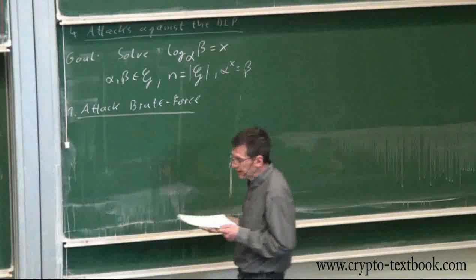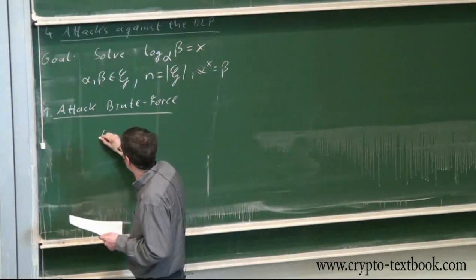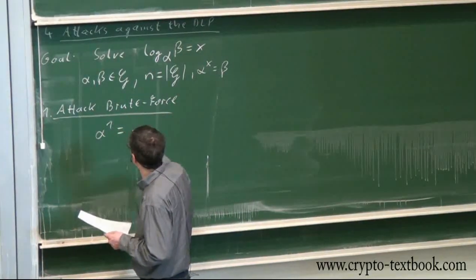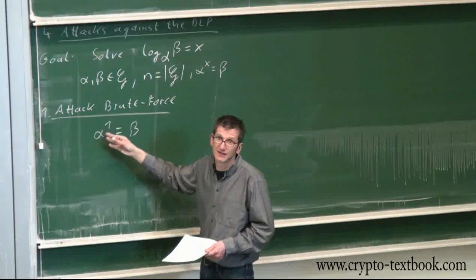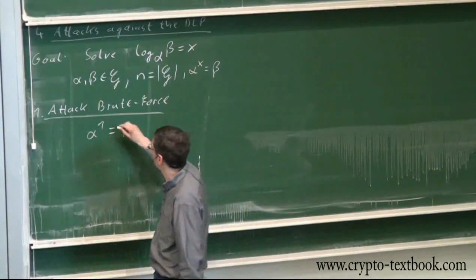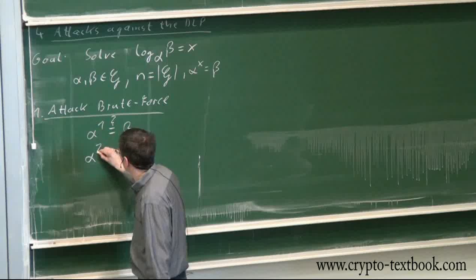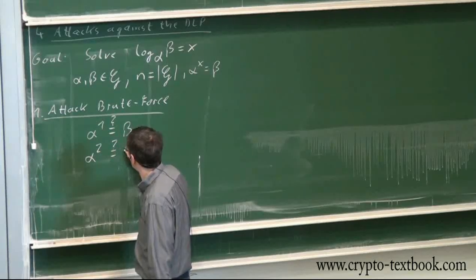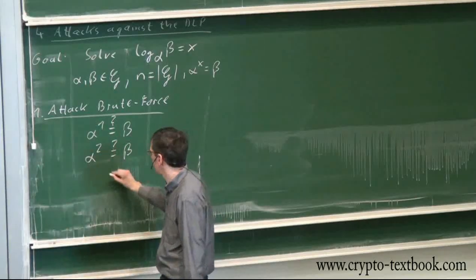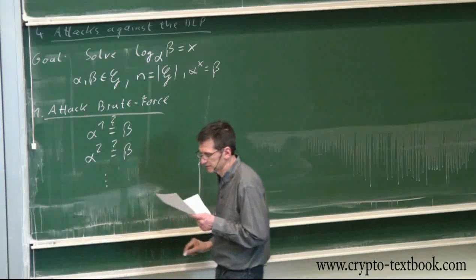Okay, so what we can do is, well, you simply try all possible x's, right? You check if I raise alpha to the first power, which is not that difficult, is this actually better? Probably not. You try the next one, and so forth. Okay.